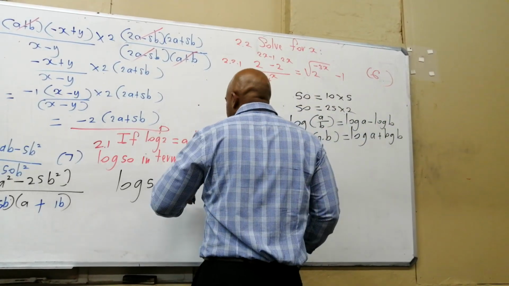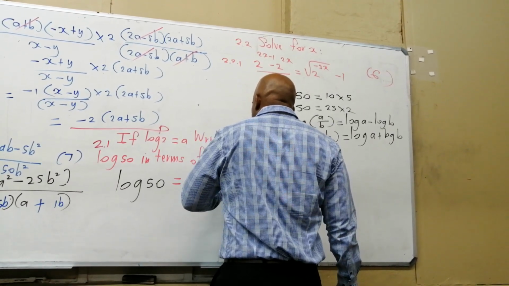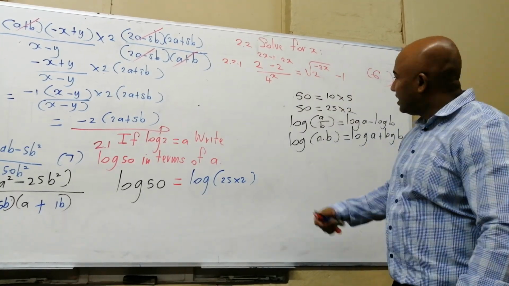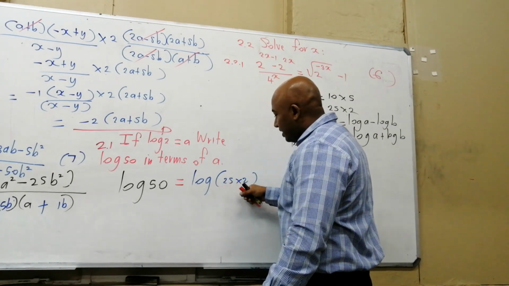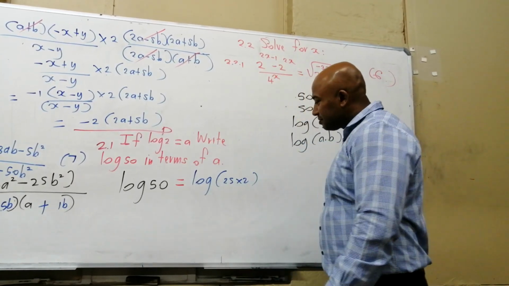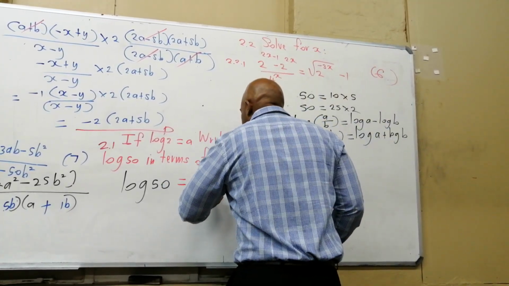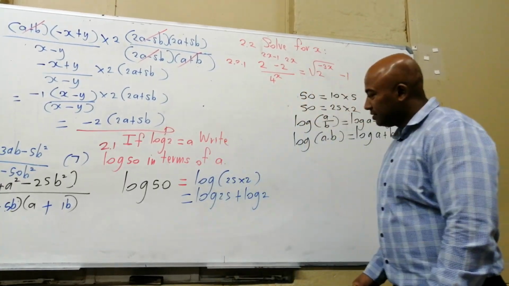If it doesn't work, let's try something else. So we're going log of 25 times 2, because 25 times 2 is 50. So I got log 25 plus log 2.